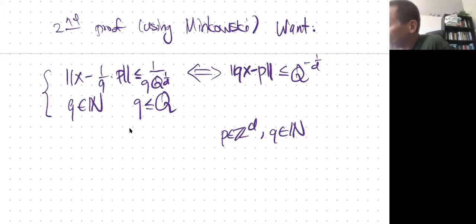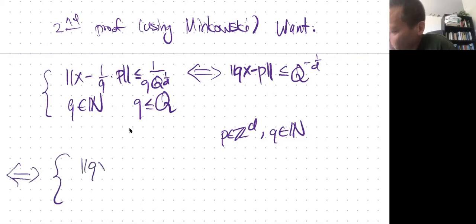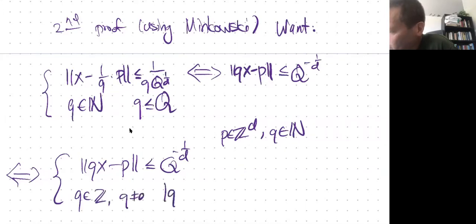Suppose you have, so the whole system is actually equivalent to solving this: 2x minus q is less than, so I've copied the first line, and for the second line, I want to claim that this is equivalent to having q in Z, q not 0, absolute value of q less than Q.